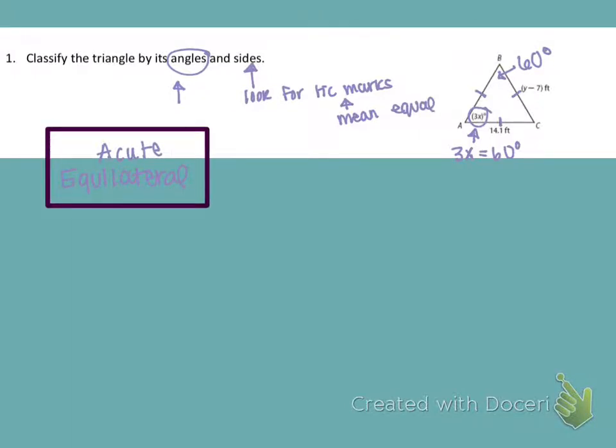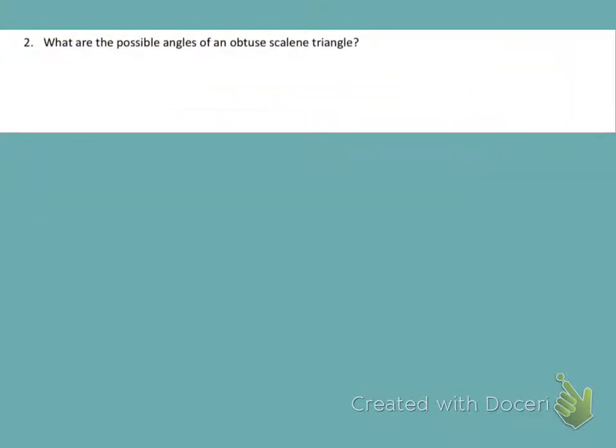And moving on to number 2. What are the possible angles of an obtuse scalene triangle? On the test, this problem is going to give you multiple choice, and it's going to ask you which one of these is an obtuse scalene triangle. So just knowing what these words mean.